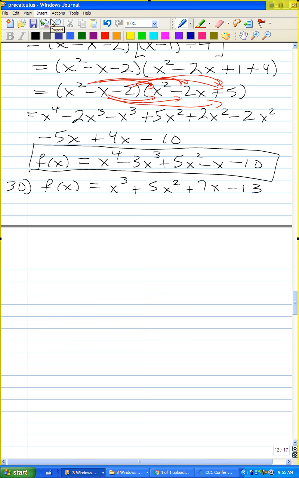Here I have one 0 being negative 3 plus 2i. Therefore, I have another 0 being negative 3 minus 2i.